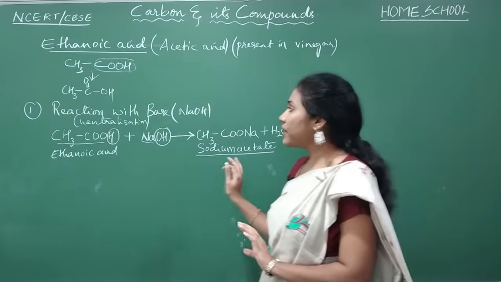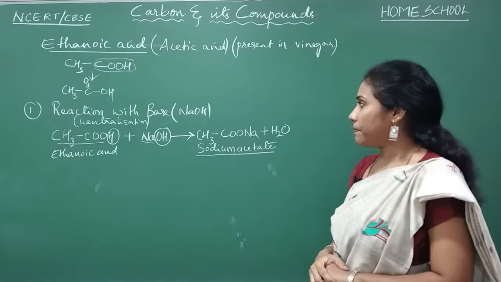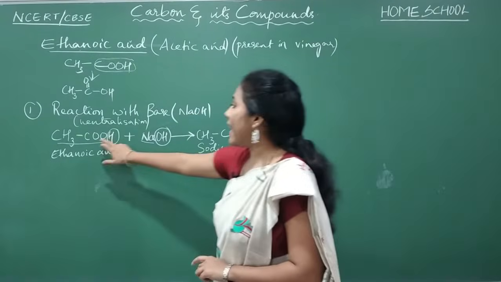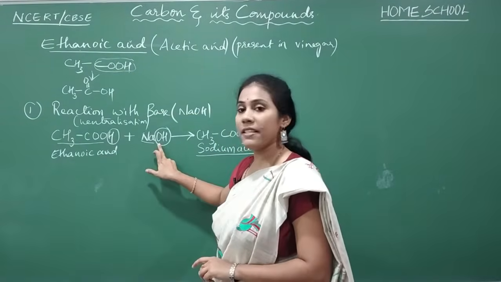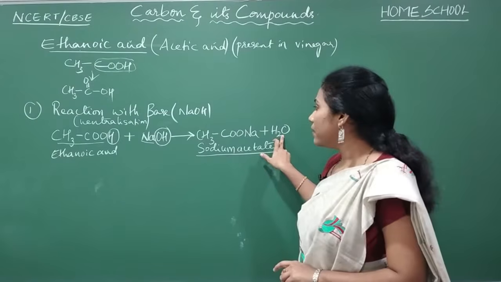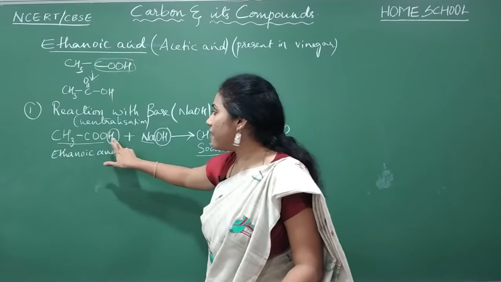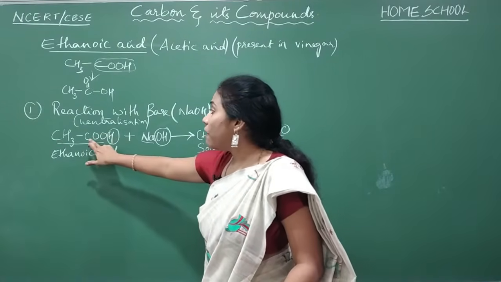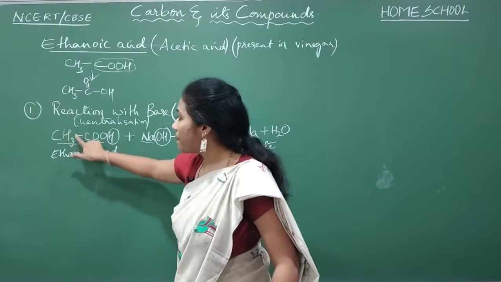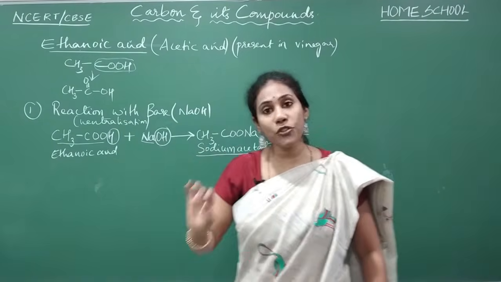So this is one of the important reactions of ethanoic acid. It is just a neutralization reaction. Since it is acidic in nature, it can react with the base. Whenever acid reacts with the base, you get salt and water. How is water liberated? Base is the one which gives OH, acid is the one which gives H. Which H will you remove? The functional group's hydrogen only you should remove, not these hydrogens. Okay, so the functional group is more reactive, so its hydrogen will be lost.